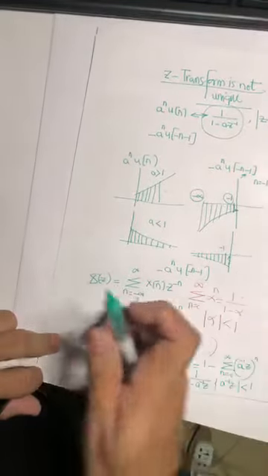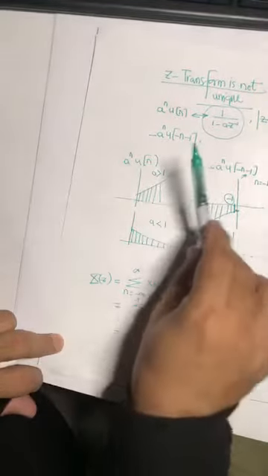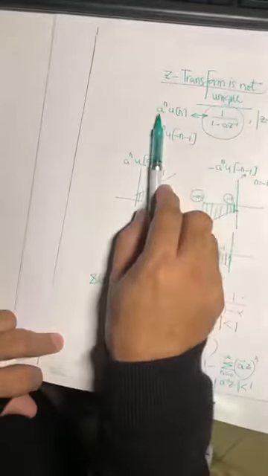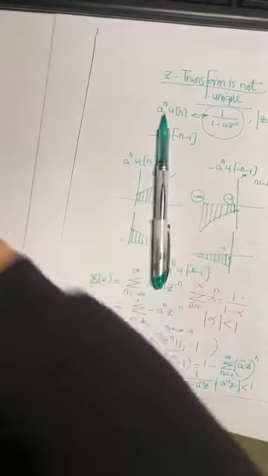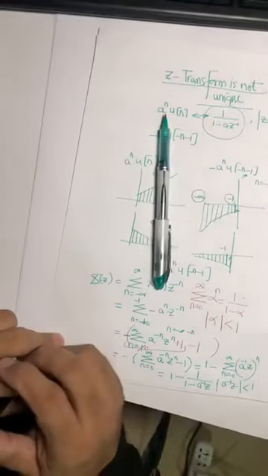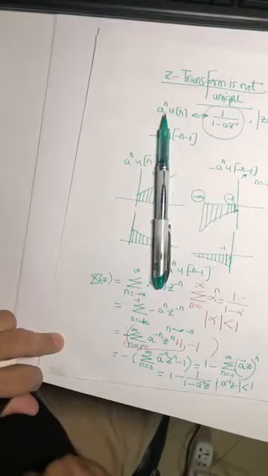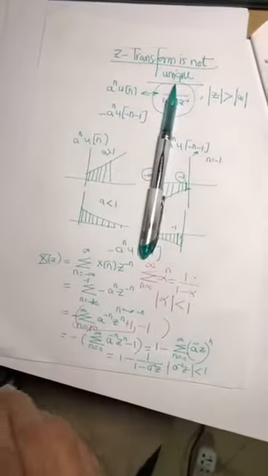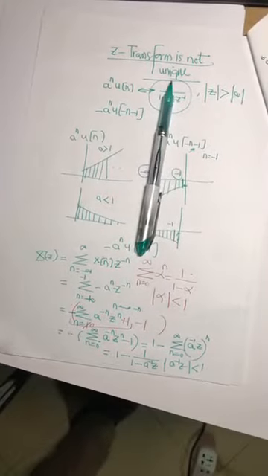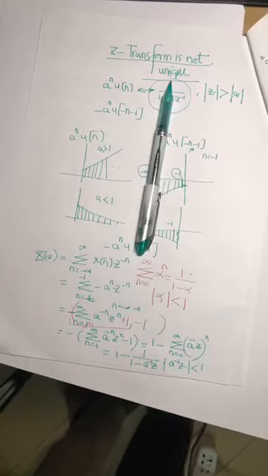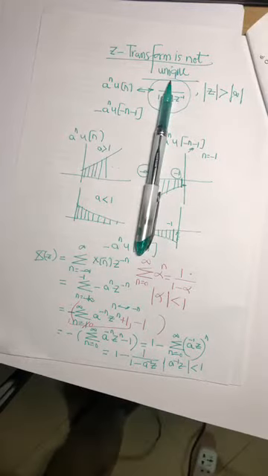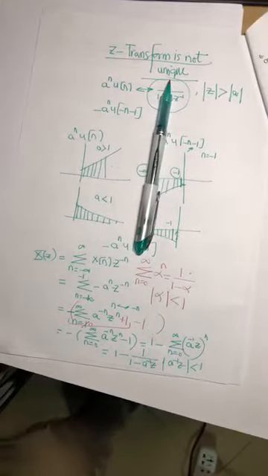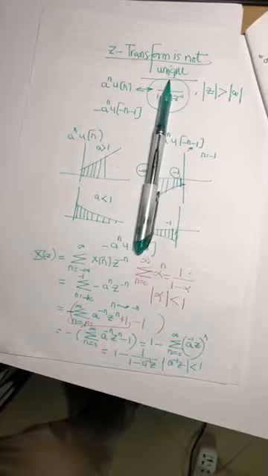So we said this is the most important pair, and then we also established that the Z transform is not unique. For uniqueness, you need to mention the region of convergence. If you do not, the Z transform may have multiple values.